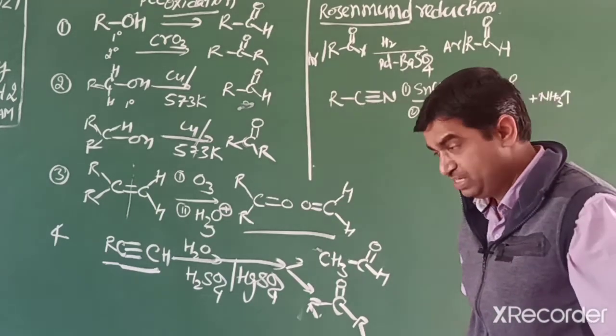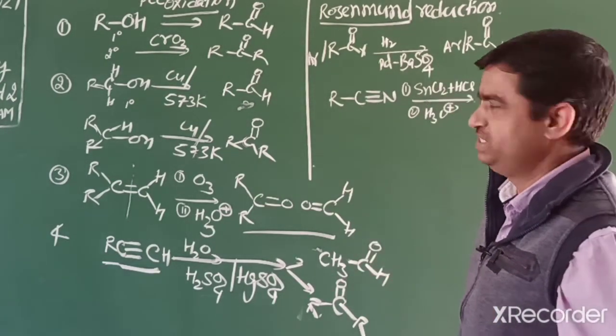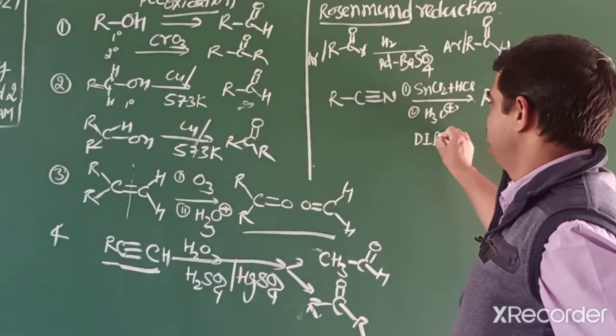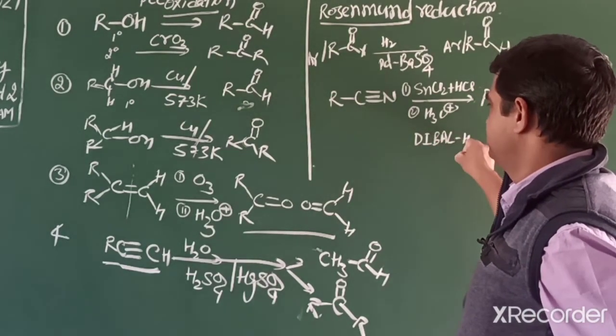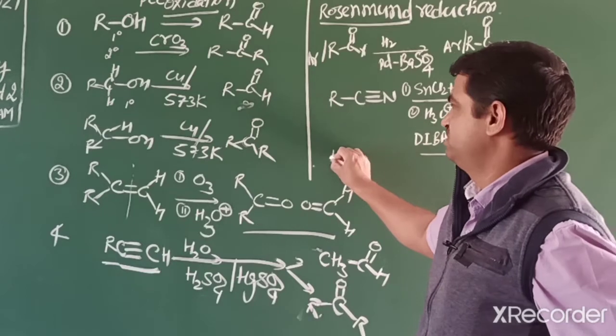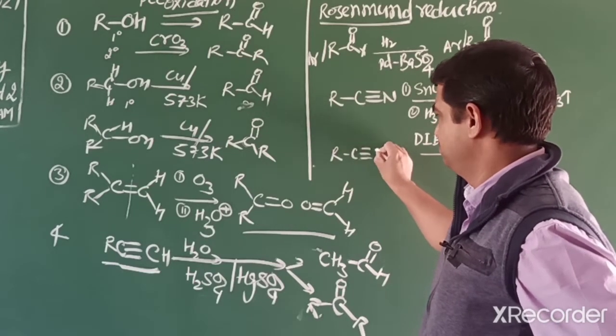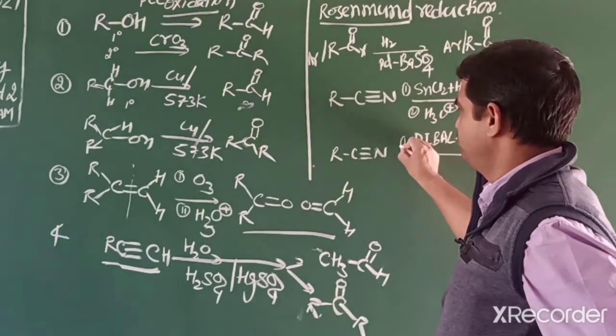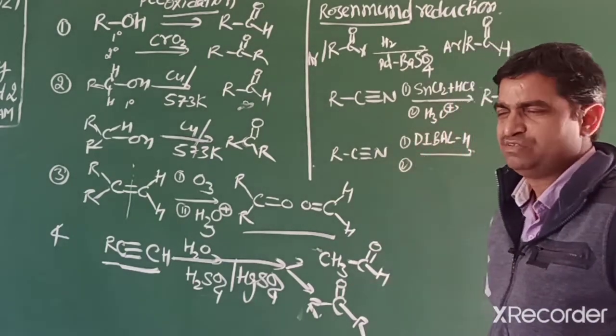Then if we use a suitable reagent, diisobutyl aluminium hydride, then these cyanides or any ester convert into the corresponding aldehyde.